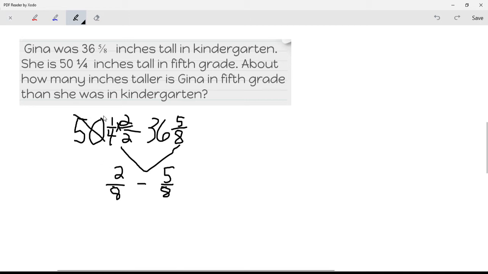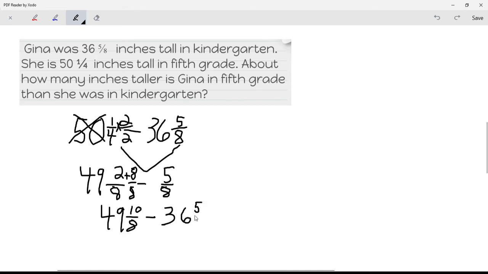So I have to borrow from this 50, make it a 49, and then I'm going to add 1 to this fraction, but in fraction form. I'm adding 8 over 8, so it's 49 and 10/8 minus 36 and 5/8.